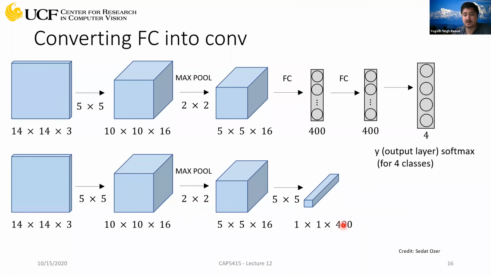And you apply 400 different kernels. That will be a 1 cross 1 feature map, right? So then what you can do is just apply more kernels and you can make the prediction.